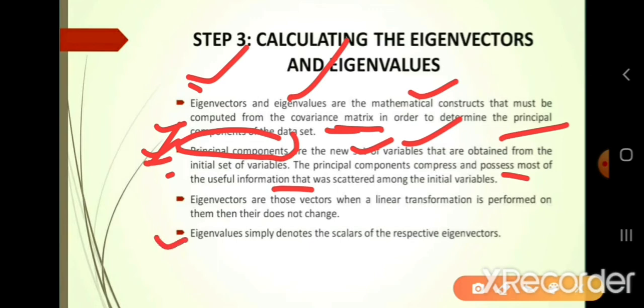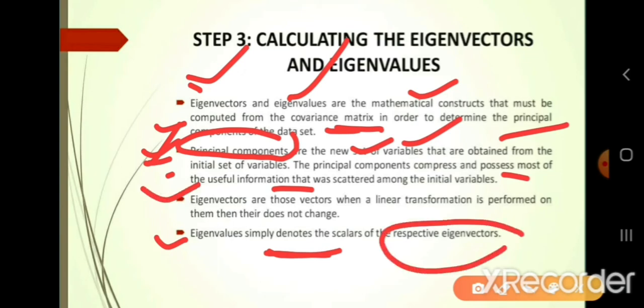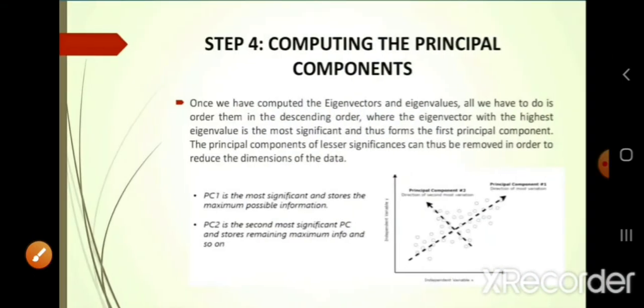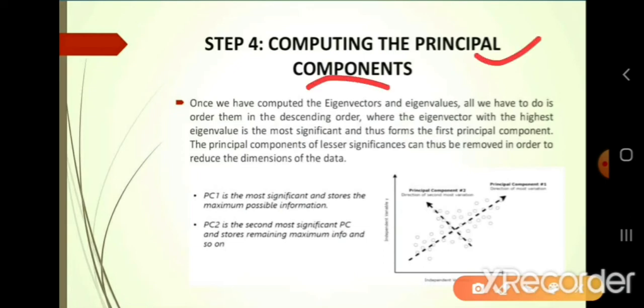We know eigenvalues are simply the scalars of the given eigenvectors, and eigenvectors are the directions that remain unchanged under a linear transformation. Next step is computation of principal components. Once we have computed these eigenvalues and eigenvectors, we order them in descending order.